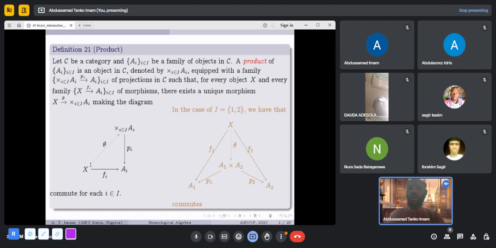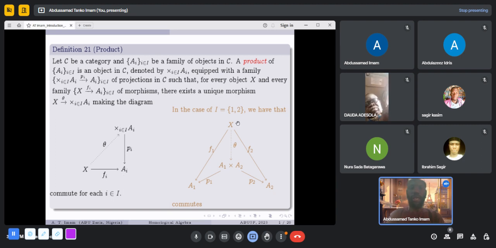When we use a dotted arrow in a diagram, we mean existence and uniqueness. So there exists a unique morphism theta so that this diagram is commutative. Any such morphism F_i can be factored in a unique way via P_i. This is what we are saying. Commutativity of this diagram means that if you compose theta with P_i, it should be equal to F_i.